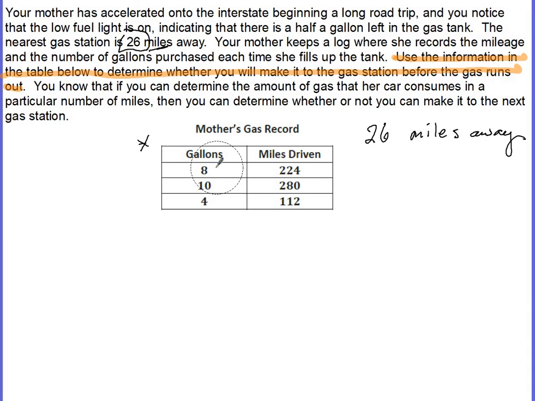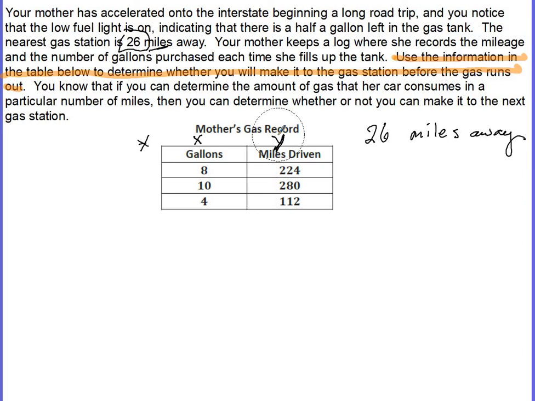So when she had 8 gallons of gas, she drove 224 miles. So we have to decide, is the miles driven dependent on the gallons or are the gallons dependent on the miles driven? You can fill up your gas tank however you want to, with however much you want to, but how much gas you have does determine how far you can drive.